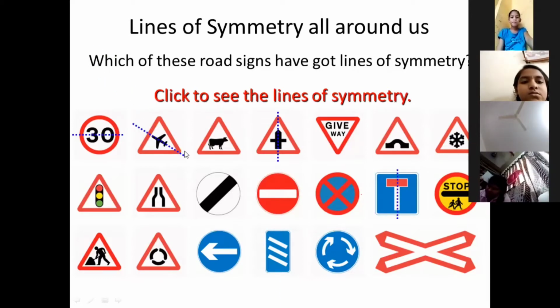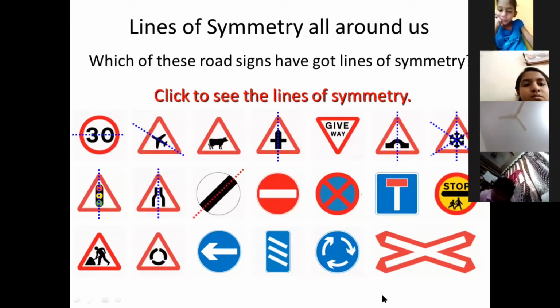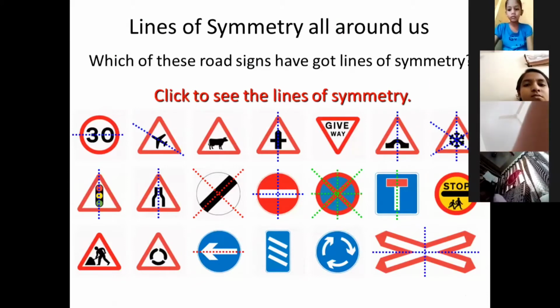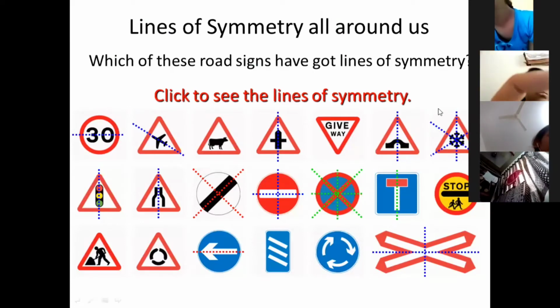Here we have a cross. If you keep it straight, we can say it has a vertical line of symmetry. So a rectangle has 2 lines of symmetry, one vertical and another horizontal. So these are the lines of symmetry in road signs.